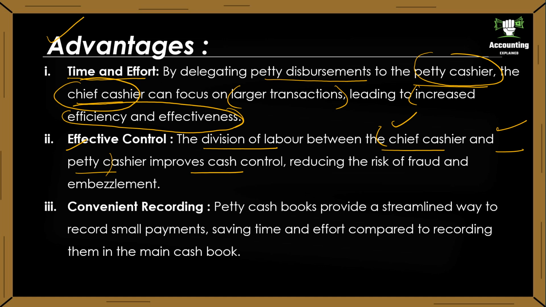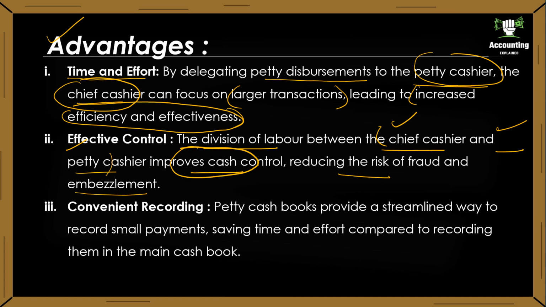And now cash control happens. That in turn reduces the risk of fraud and embezzlement. Fraud and embezzlement will arise when there is no cash control. As we have cash control now, the fraud and embezzlement will be reduced or will be zero because of effective control.